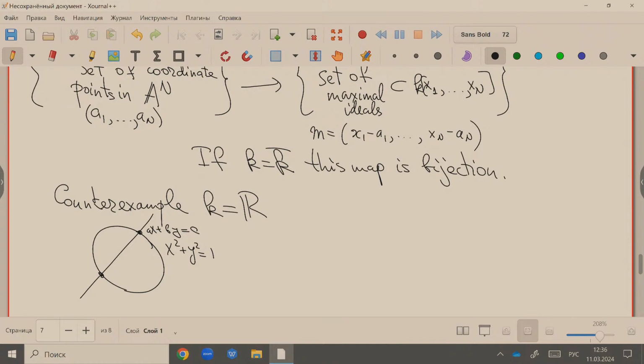But over R, you can do the following. Consider x squared plus y squared equal to minus 1. Over R there are no solutions.